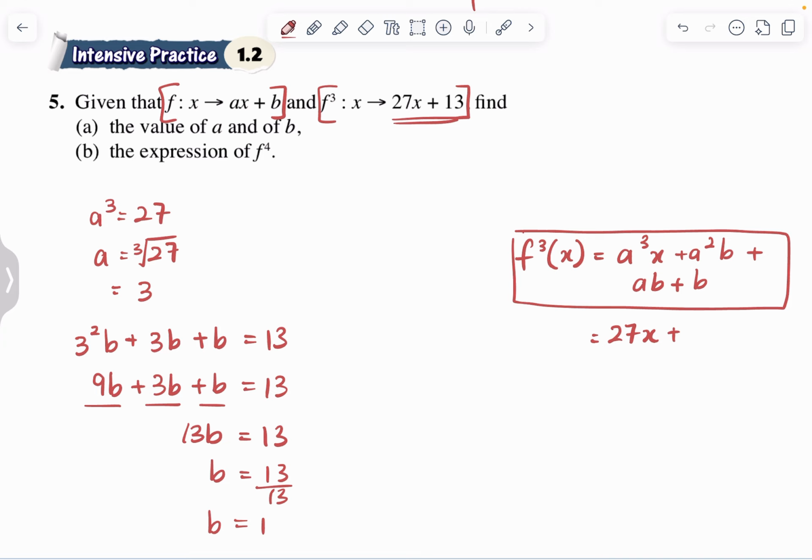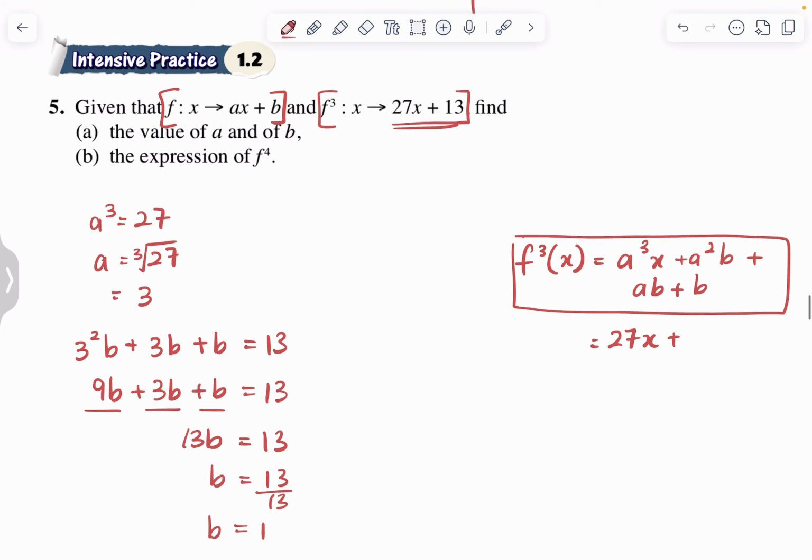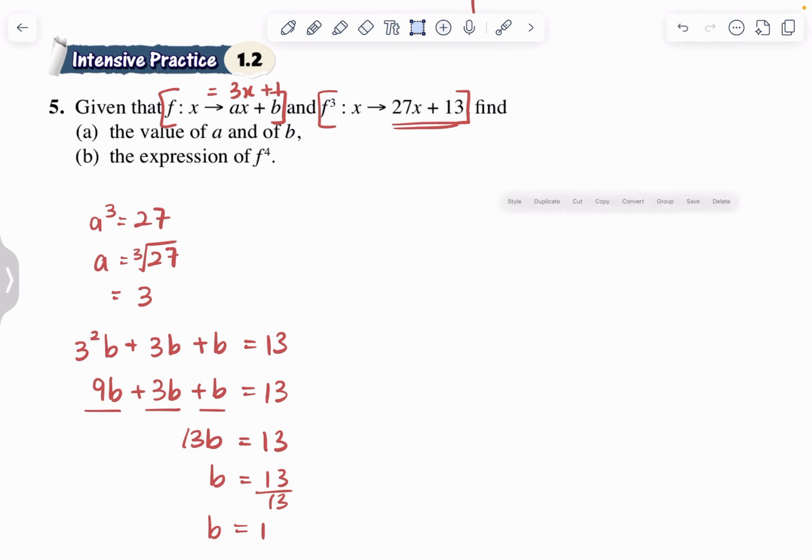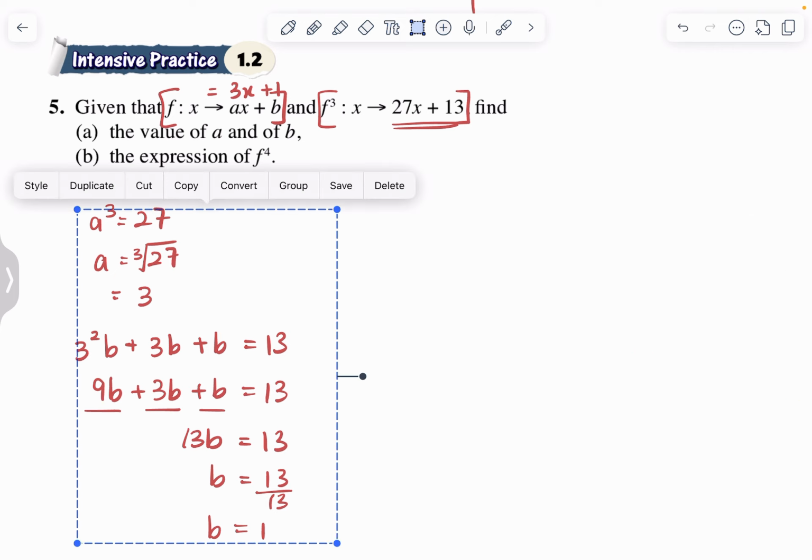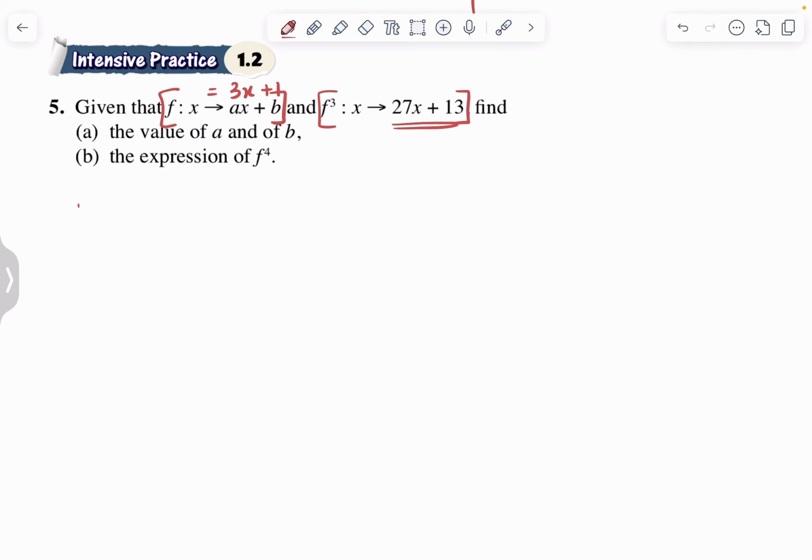Oh wait, actually, they already gave us f cubed of x. So we just need to write the f(x). f(x) will be 3x plus 1. Okay, a is 3, b is 1. Now we can delete all this now.